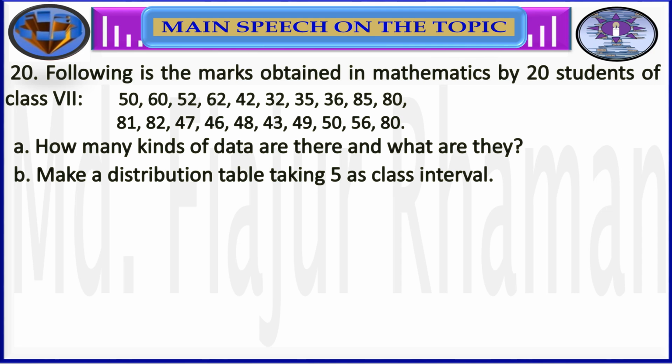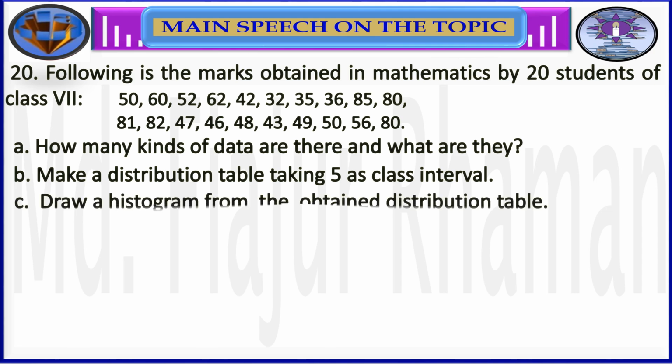Actually, you are asked to make a frequency distribution table taking 5 as class length. However, we should follow your textbook. Third question, question C. Draw a histogram from the obtained distribution table.